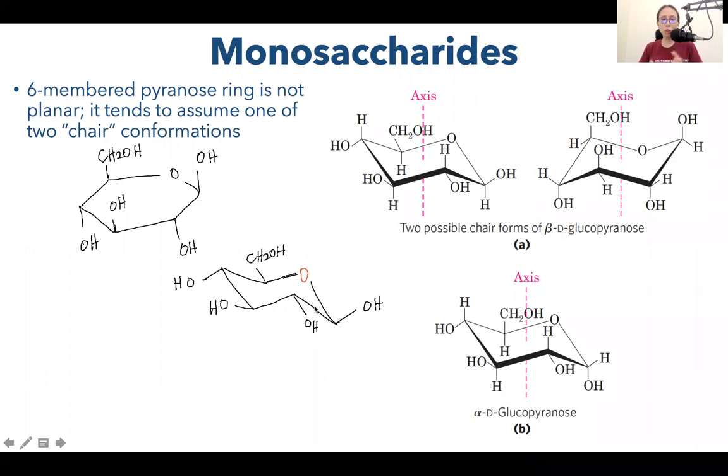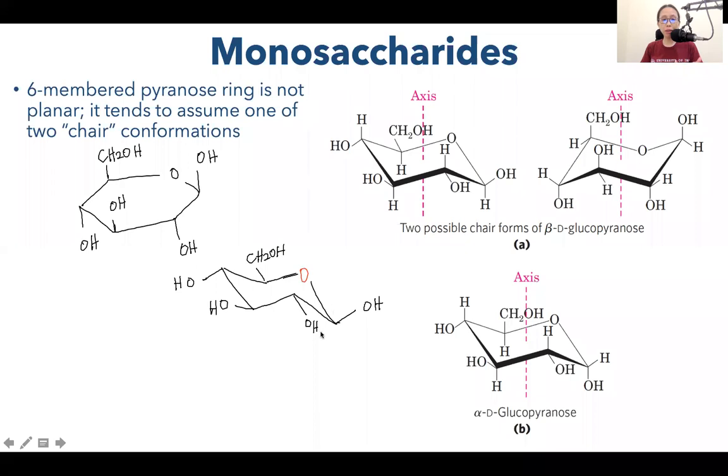I think this was taught in your organic chemistry class, so you should already be familiar with how you draw your chair conformation. And when we talk about chair conformation, there are two positions, the equatorial and the axial positions, for each member of your ring.